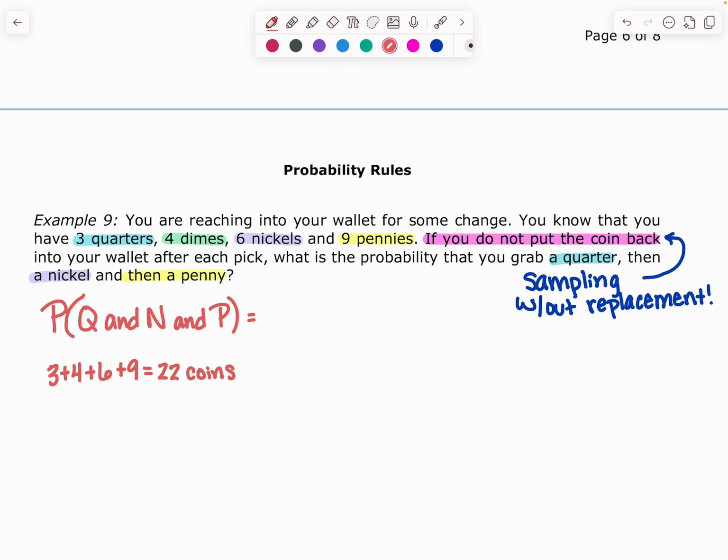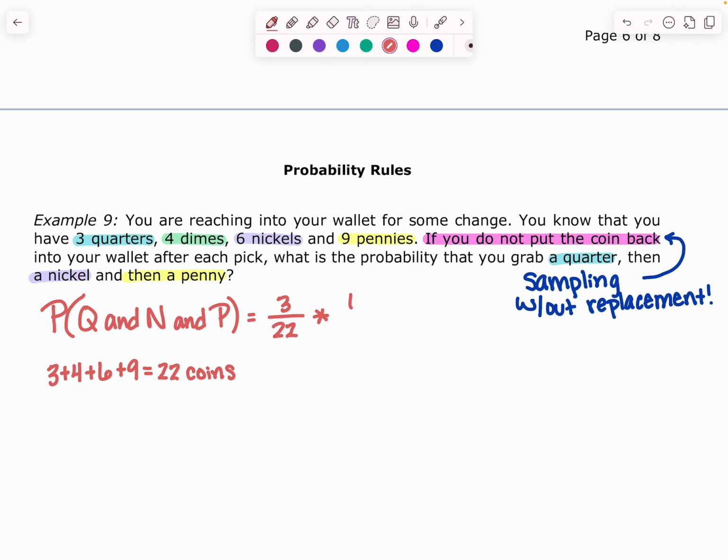So when I reach in and grab the first coin, the probability that that first coin is a quarter is 3 out of 22. Then I go in and I grab again. So I'm doing multiple coin grabs, so I'm going to multiply the probabilities. And now I want to get a nickel.